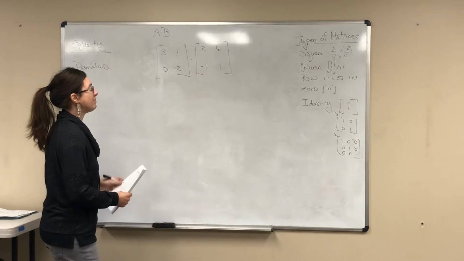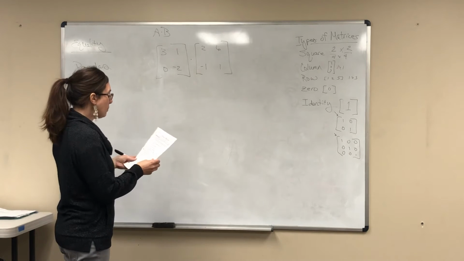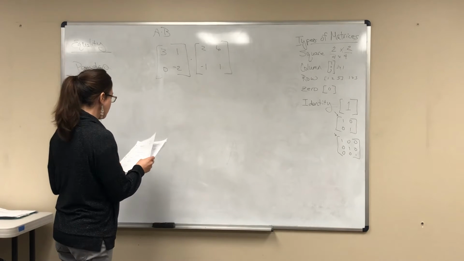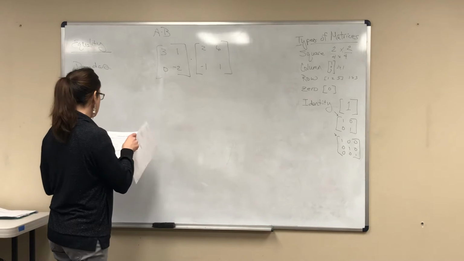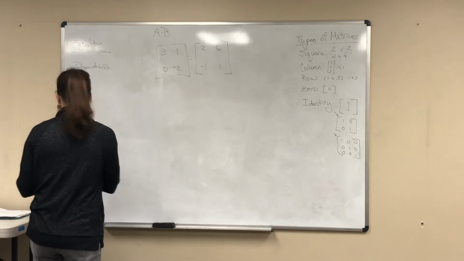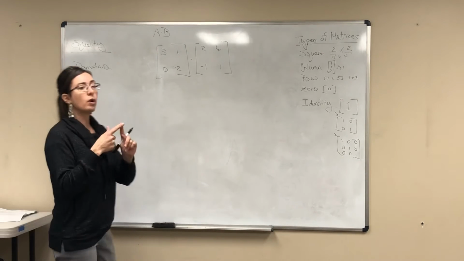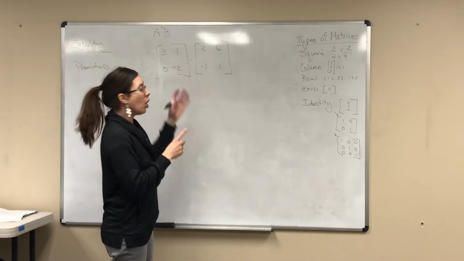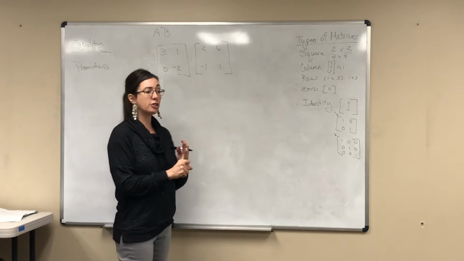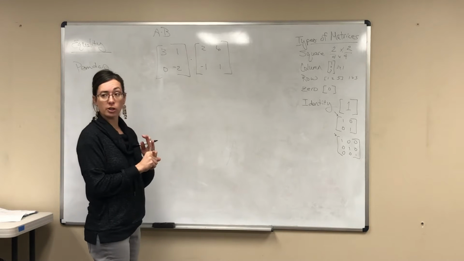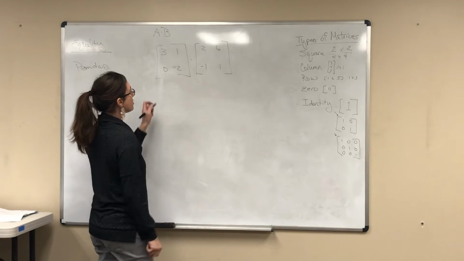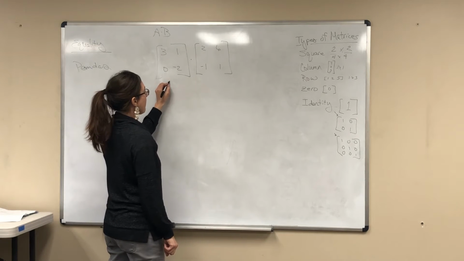All right. So, a couple of rules with matrix multiplication that we need to go over. Number 1 rule. You always write down your dimensions, because there's some rules that come with it. So let's do our first dimension. 2 by 2. 2 by 2.